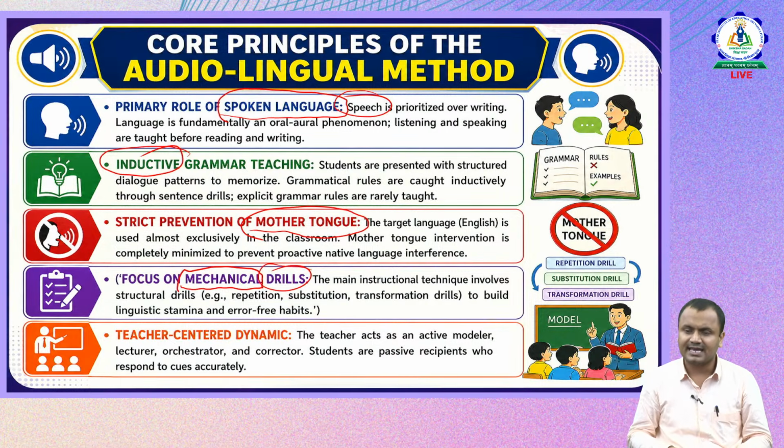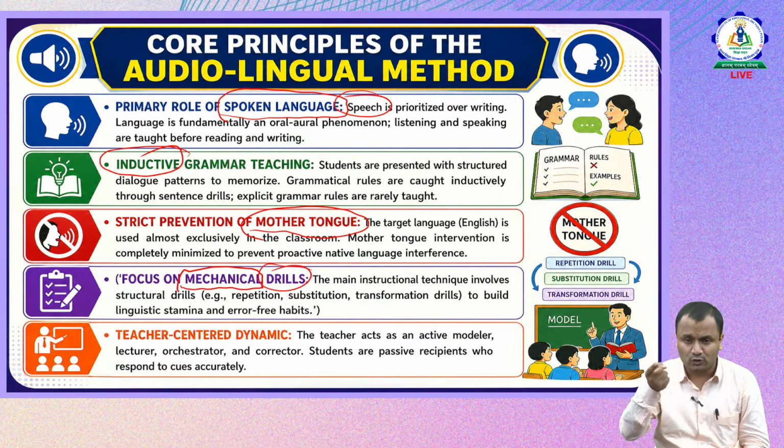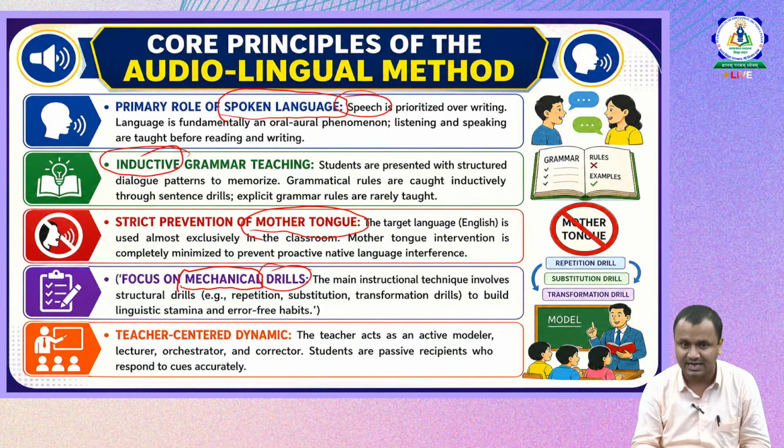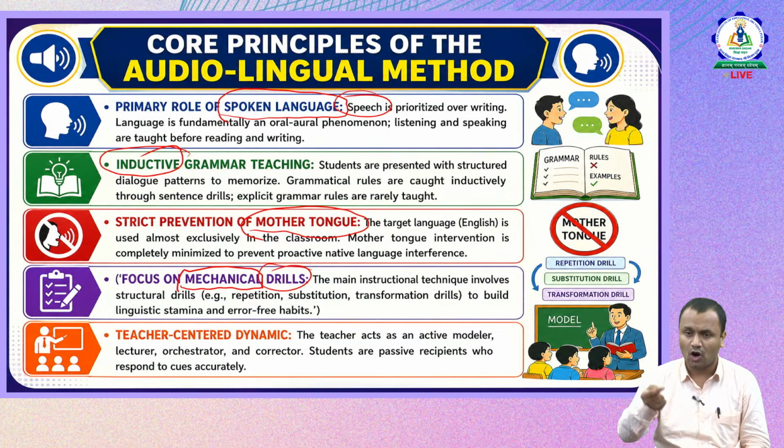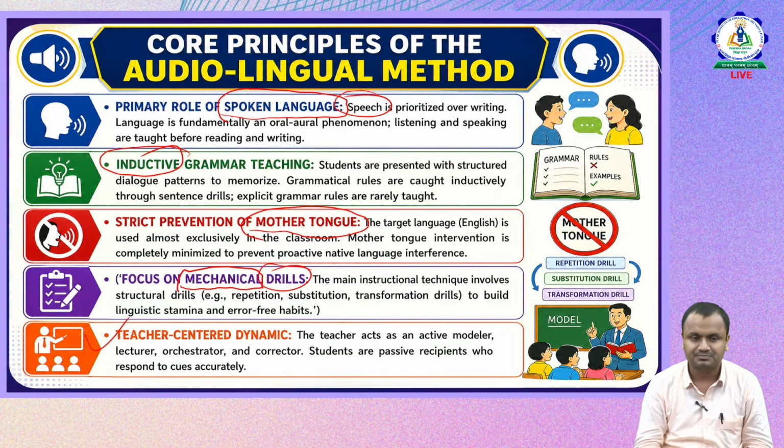Now, when we say the native speaker, or the teacher, will speak, and the students are expected to listen to the teacher carefully and repeat, imitate, or mimic exactly like the teacher, it means the complete class is teacher-centered.